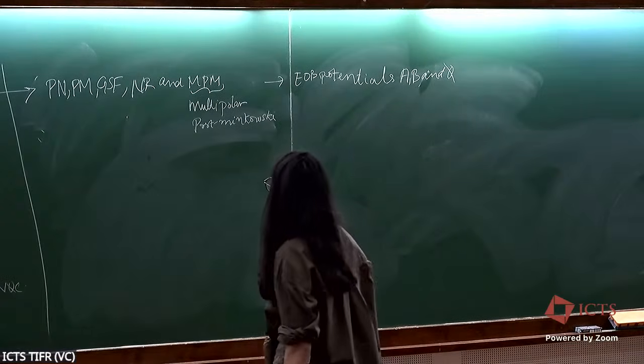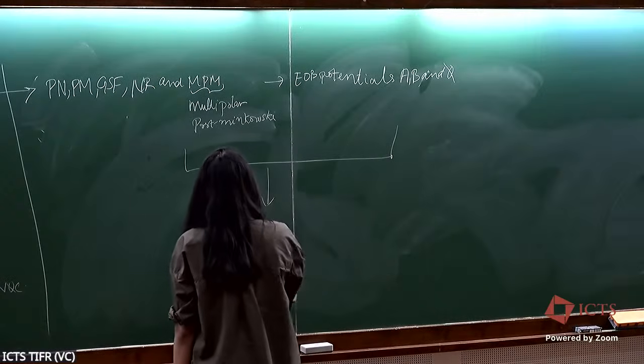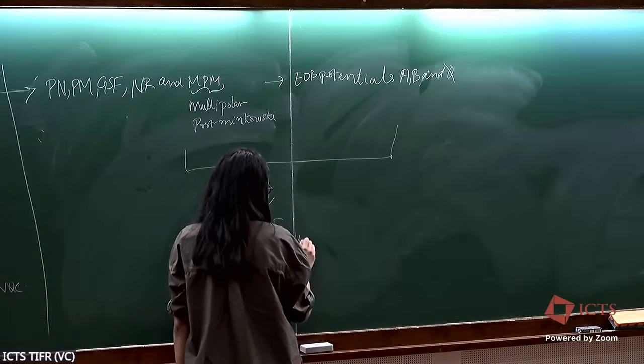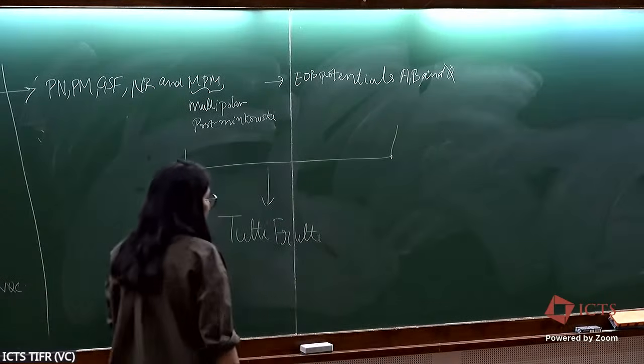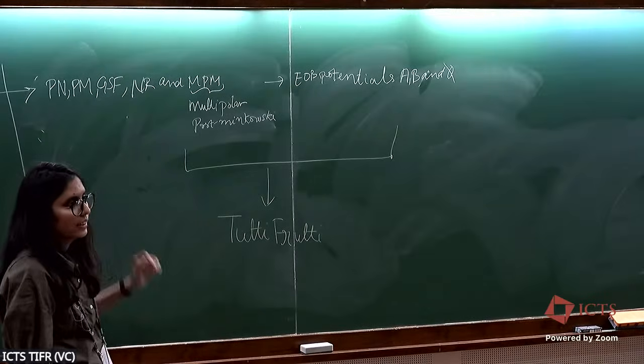A, B, and Q is what is called the tutti-frutti approach, which literally means we collect all the fruits that we have and try to see if we can get some information.